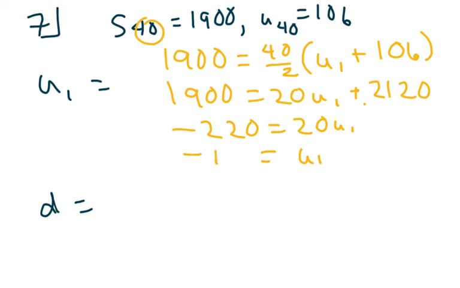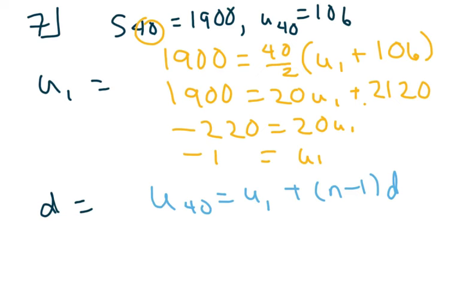Now we're going to find d. My first term is going to be negative 11. So to find d, we're going to use a sub n. So a sub 40 equals a sub 1 plus n minus 1 times d.